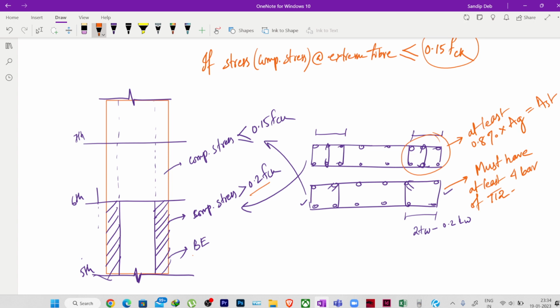When you have discontinued the boundary element but you are providing some column like arrangement, in that case it is not compulsory. In that case, just for the overall shear wall you have to follow the minimum reinforcement requirement that we will discuss later.